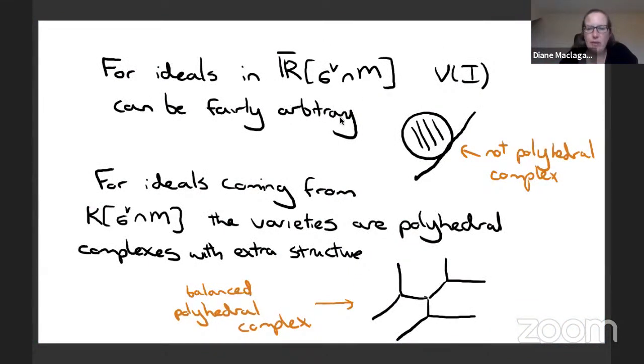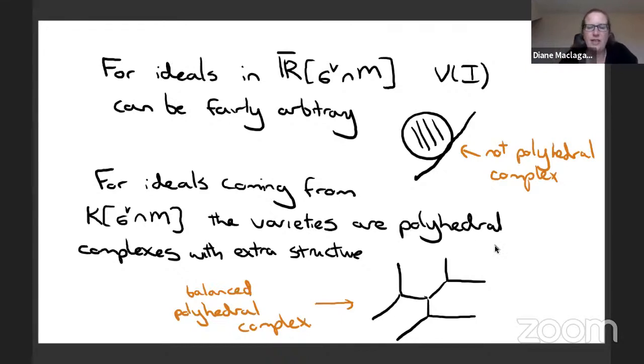Because these semi-rings are not Noetherian, these varieties can be fairly arbitrary. We can get things that are not polyhedral complexes. However, for ideals that come from polynomial or toric varieties over a field, there's a tropicalization procedure that basically says turn every addition and multiplication you see into a tropical addition and multiplication.